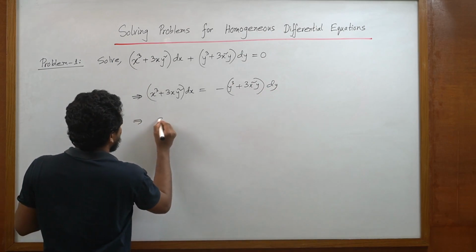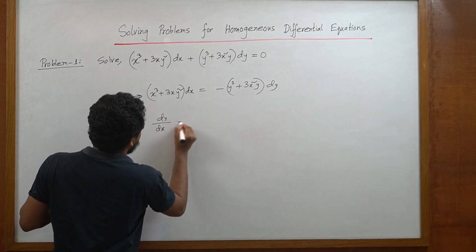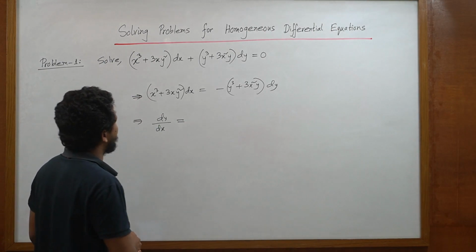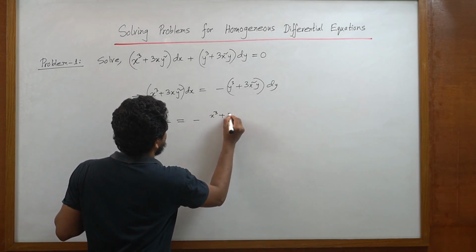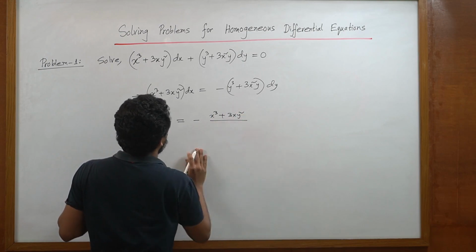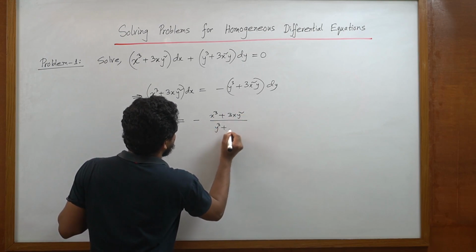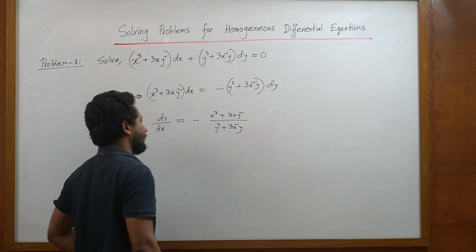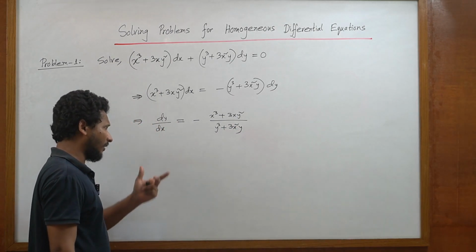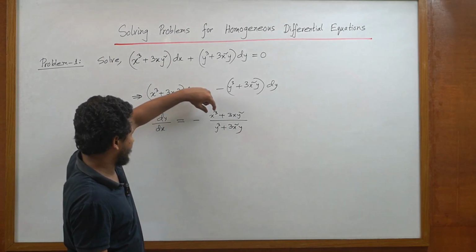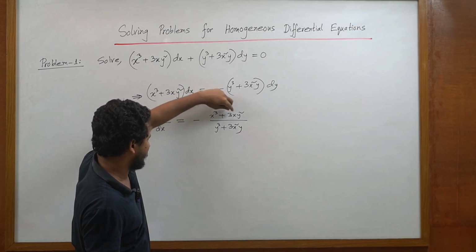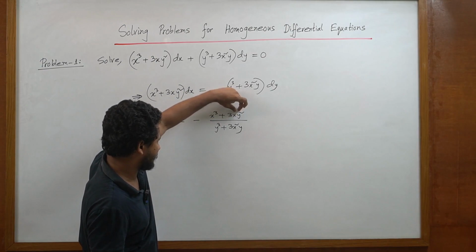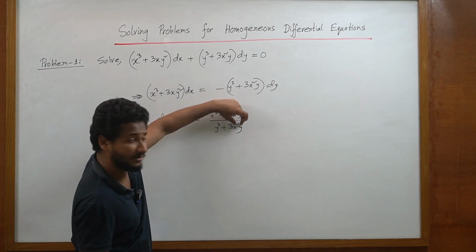So dy/dx should be −(x³ + 3xy²)/(y³ + 3x²y). Now here every term, x³ has degree 3, xy² has degree 3, so every term's degree is 3.